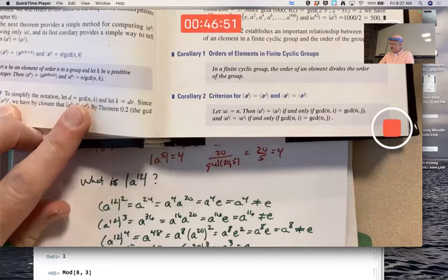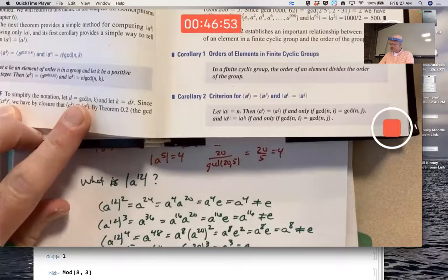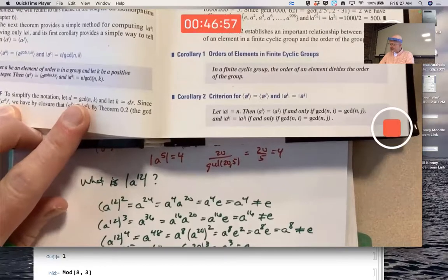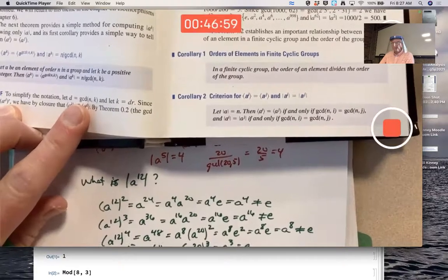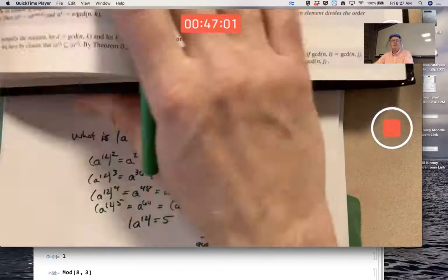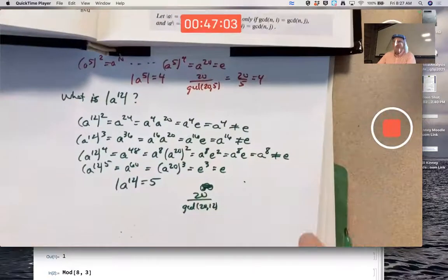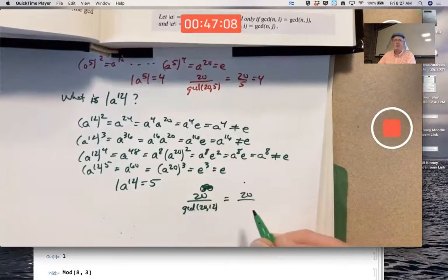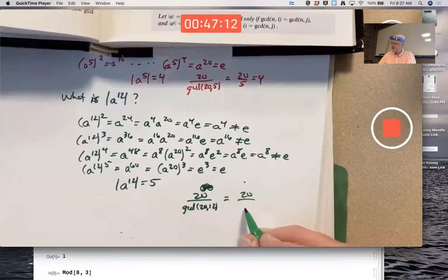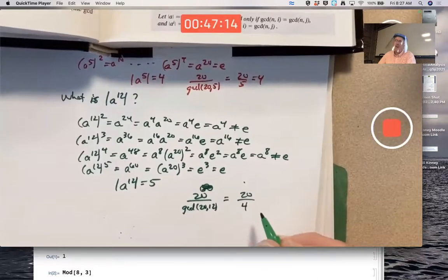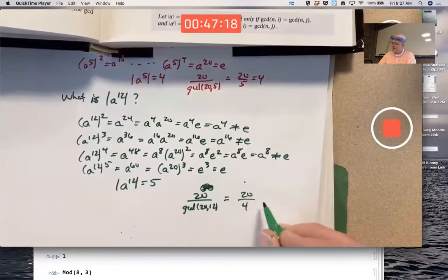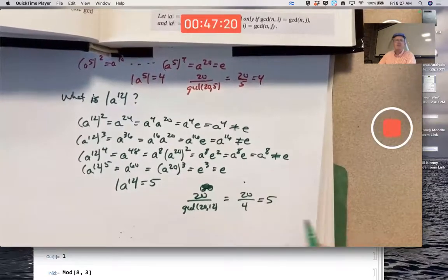What is 20 divided by the GCD of 20 and 12? The GCD of 20 and 12 is 4. Not equal to k like it was for the other examples. Smaller than k, but this is 5, still confirming the theorem.